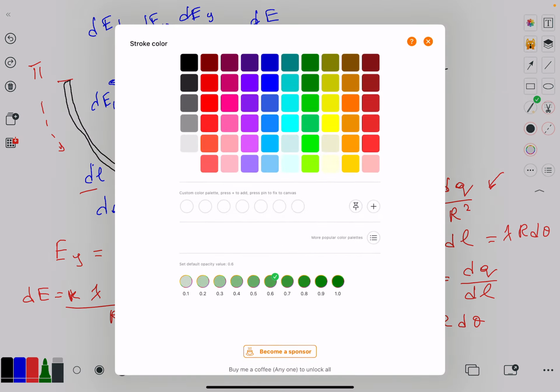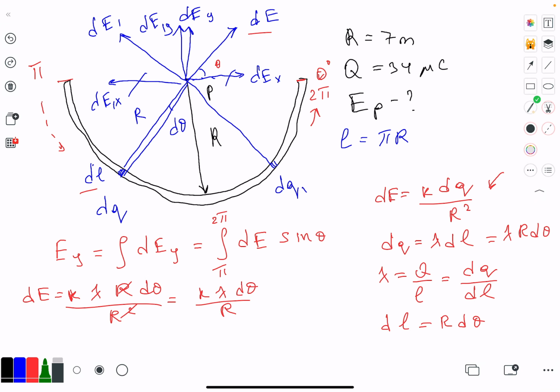Then finally you put it in, so the integral of k lambda divided by r, sine theta d theta. That means you have to integrate sine theta.